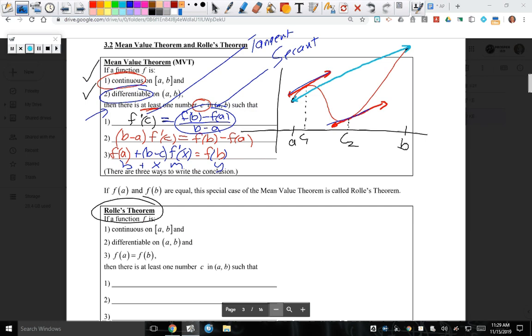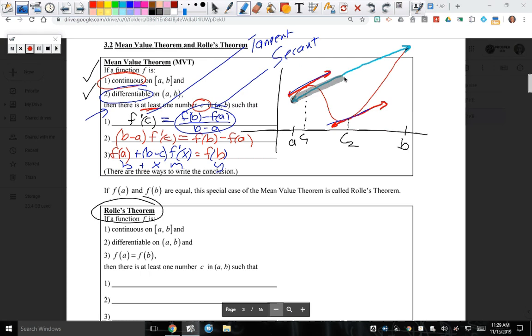Look at this real quick. Let's pretend that this is a position graph. If I go up, I'm moving forward. If I go down, I'm moving backward. If I go back up, I'm moving forward again. Let's say that I was in a car doing this, and this shows my position as time goes on.